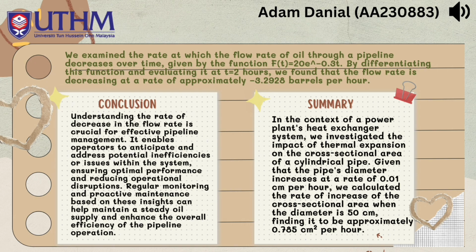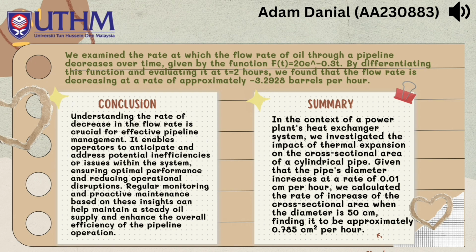By differentiating this function and evaluating it at t equal to 2 hours, we found that the flow rate is decreasing at the rate of approximately negative 3.2928 barrels per hour. Conclusion: understanding the rate of decrease in the flow rate is essential for effective pipeline management.